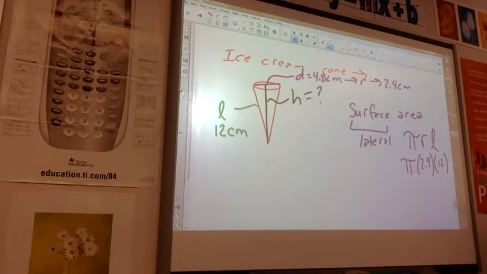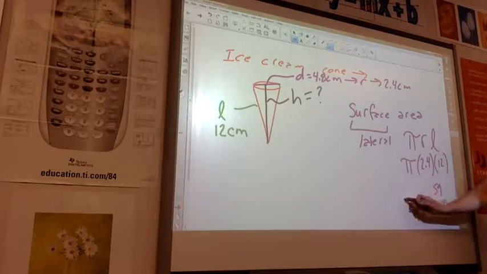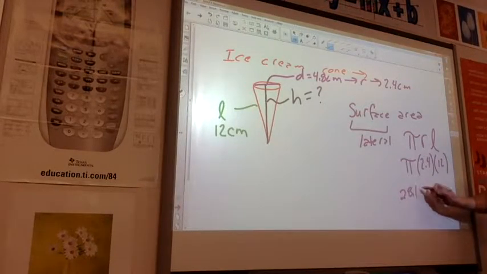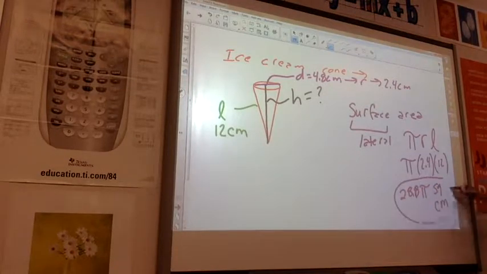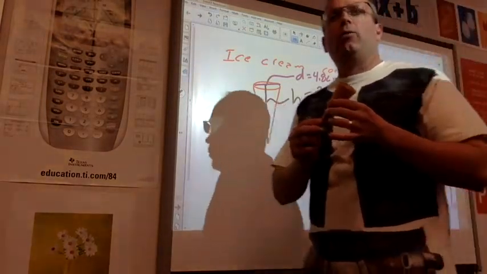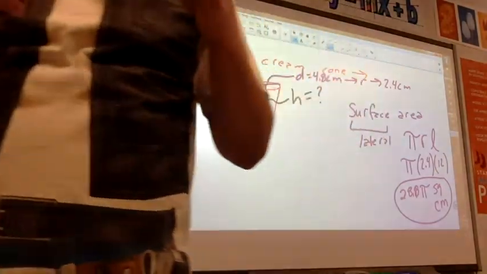And if we were to multiply that out, keeping pi as pi, we are going to get an answer in square what? Square centimeters? Because we've measured in centimeters. So help me out. What is 2.4 times 12? So it's 28.8 pi square centimeters.